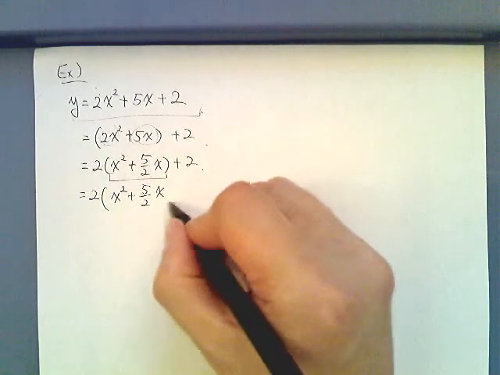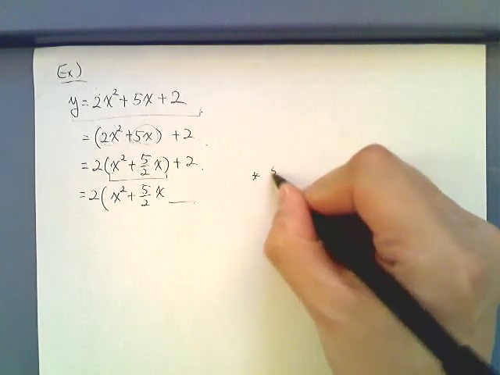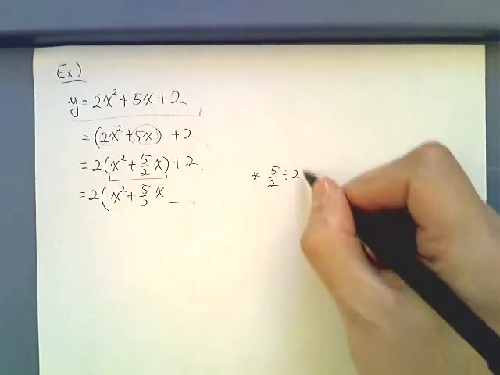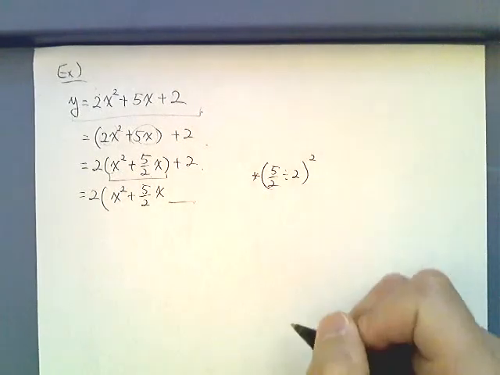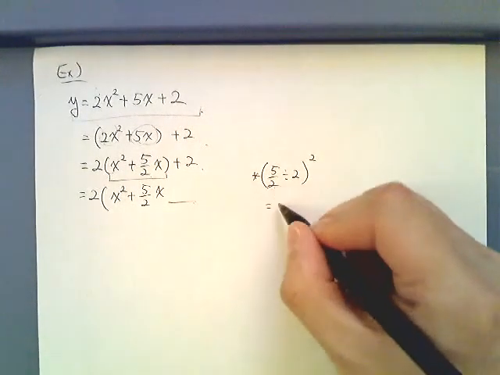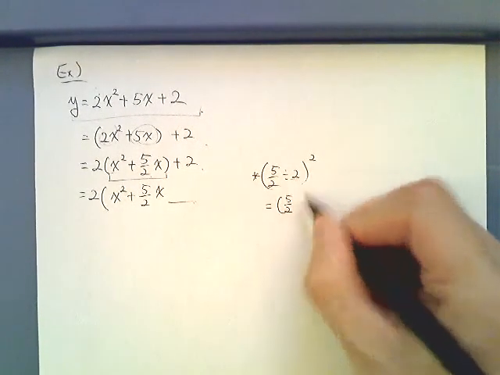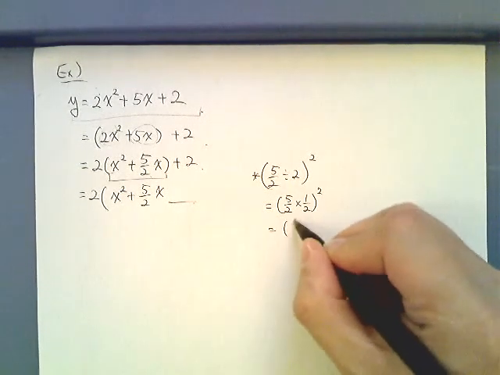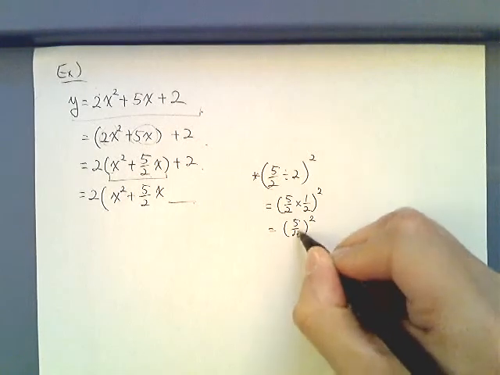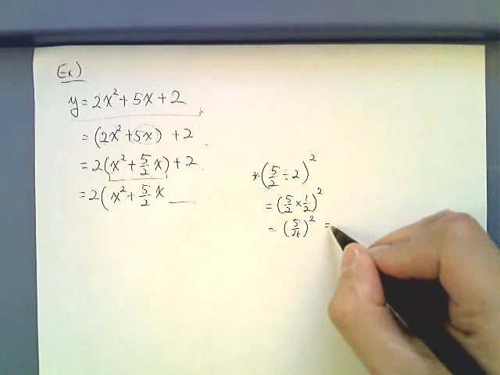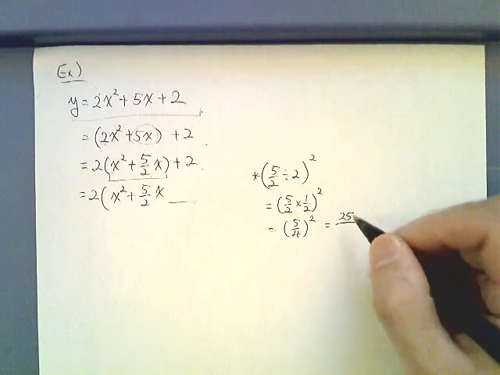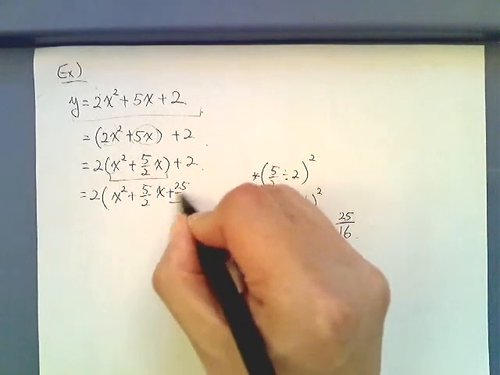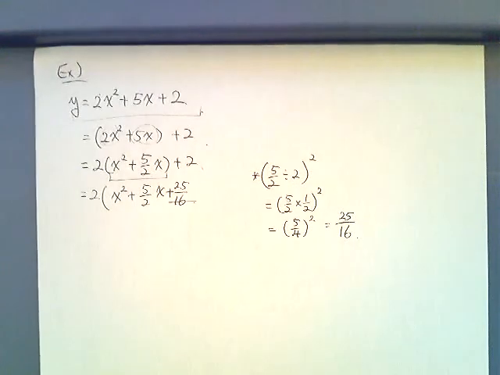Now, what's coming here is 5 over 2, the middle one, divided by 2, and then we have to square that, correct? So 5 over 2 divided by 2 is 5 over 2 times 1 over 2, and that will be 5 over 4 squared, and that is 25 over 16. So we add 25 over 16.